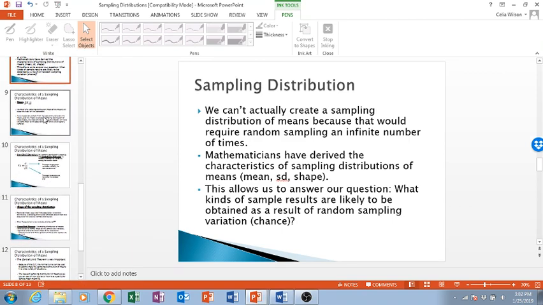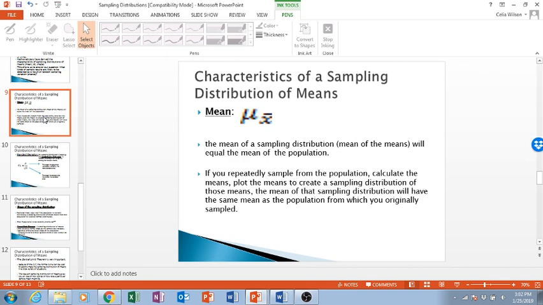All right, now the characteristics of those sampling distribution of means, we know those, all right? If you repeatedly sampled from the population, calculate the means, plot the means to create a sampling distribution of means, the mean of the sampling distribution, or the mean of your means, will be the population mean.